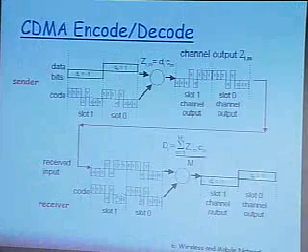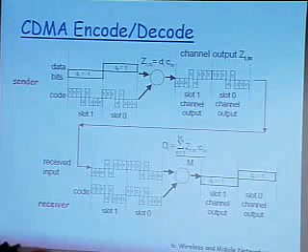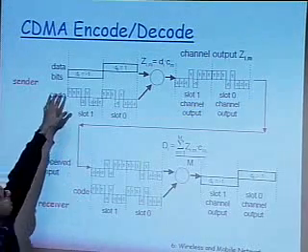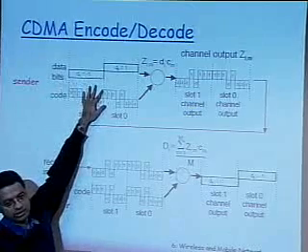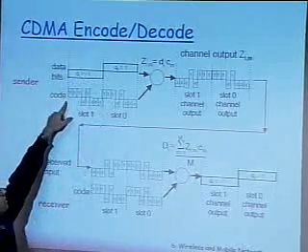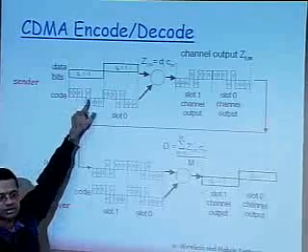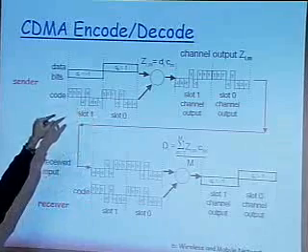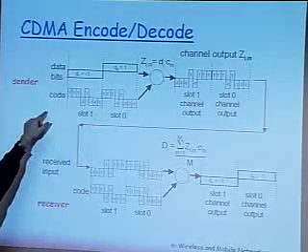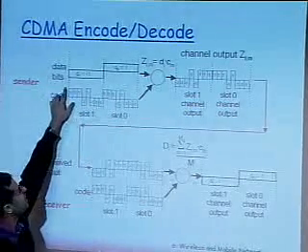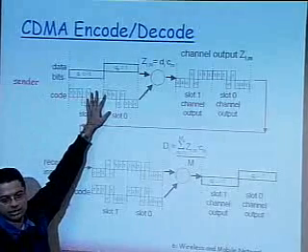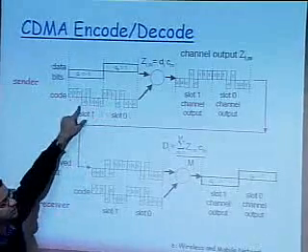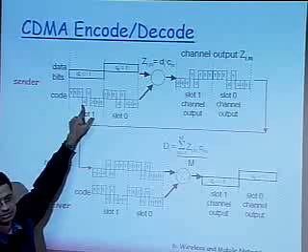Well, the free lunch is not there because, you see, the length of the data bit is much longer than the individual bits of the vector. In the time that you took to transmit this one bit, your code went through 8 different bits.